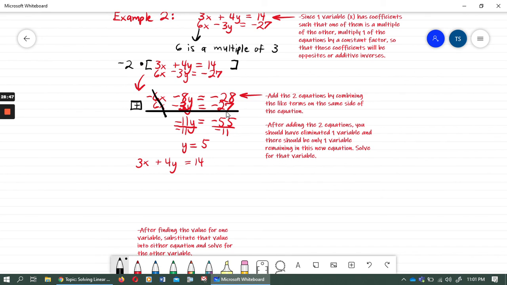So we're going to substitute that value of 5 and plug it in for the y value here.